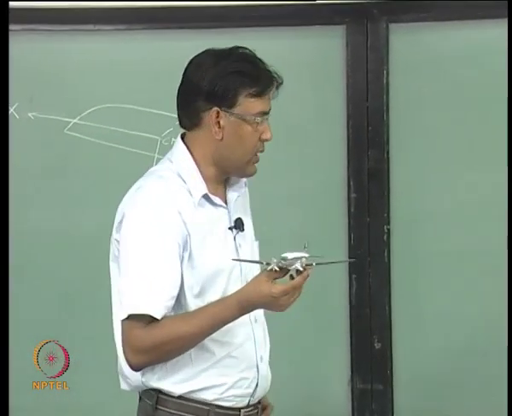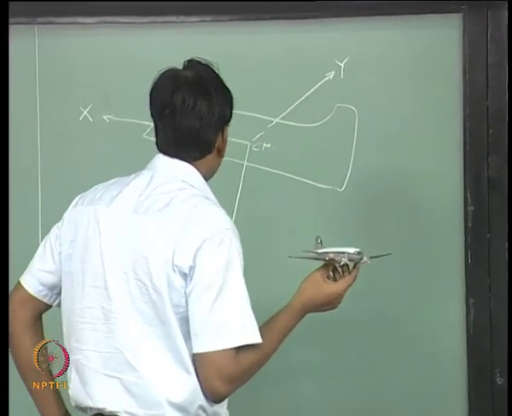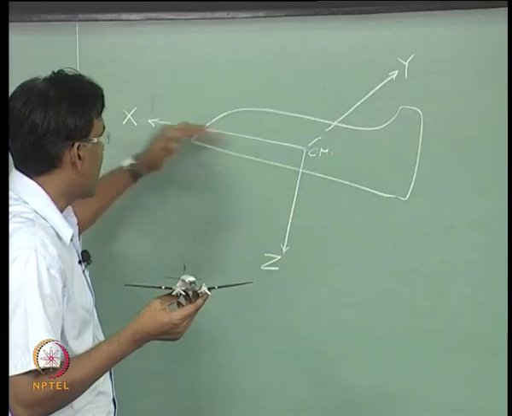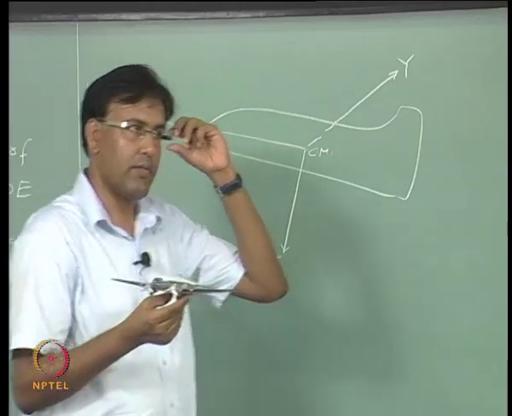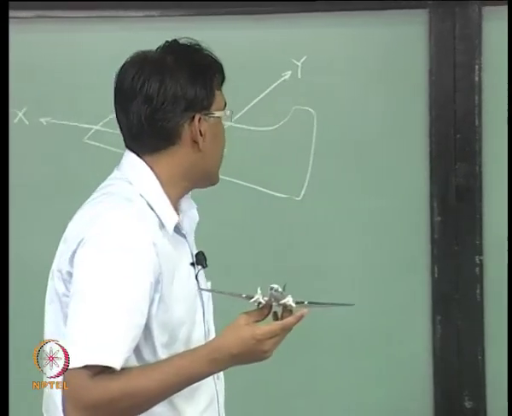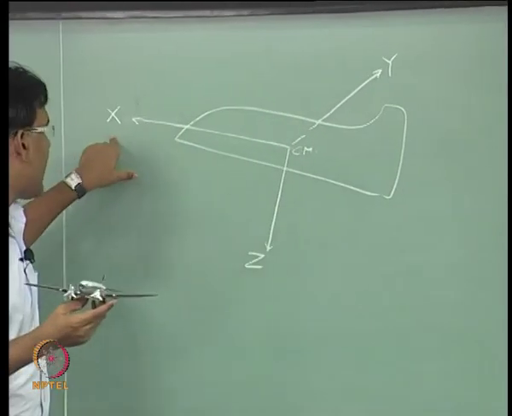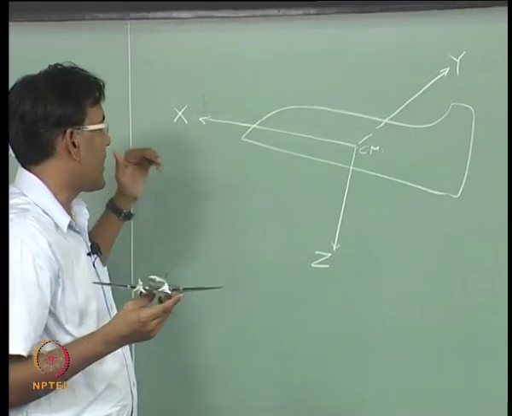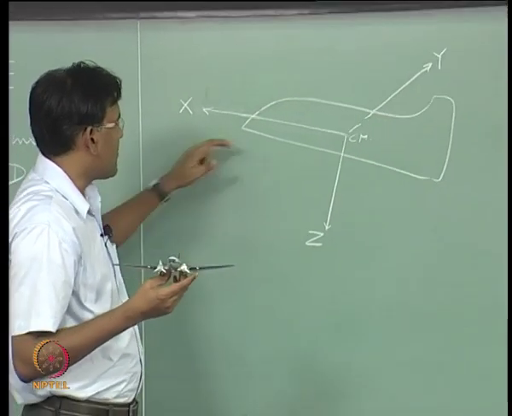or if the CG of the aircraft is not lying along that line, then we have to define this x axis differently. So, this x axis has to pass through the center of gravity or the center of mass of the aircraft.